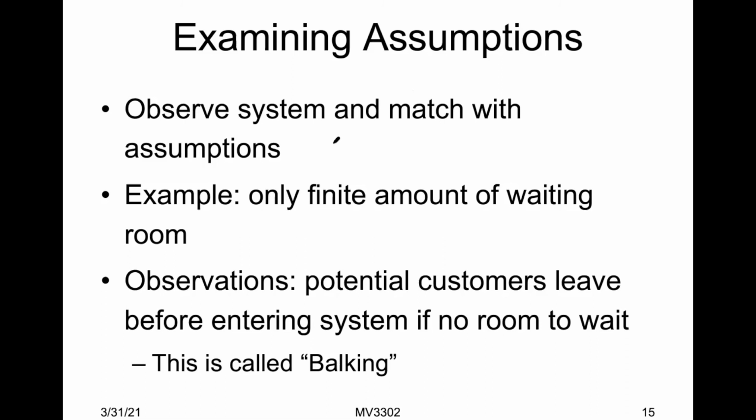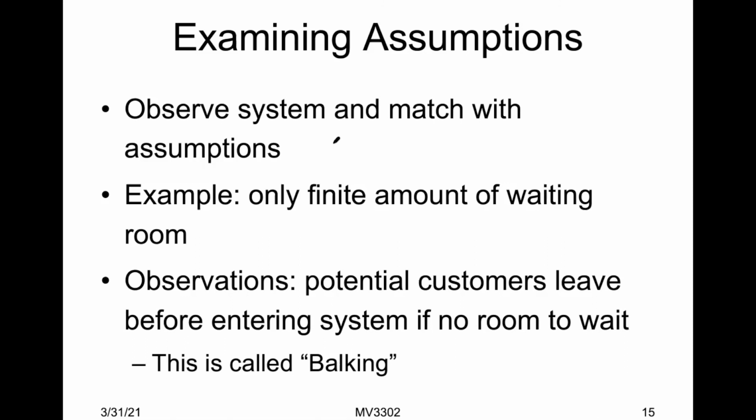If you're familiar with the In-N-Out on Delray Boulevard, you'll notice that for the drive-in, there's only a finite amount of waiting room. Now they tend to violate that at times when they pour out, but even in the overflow, there's only a certain amount of waiting room there.